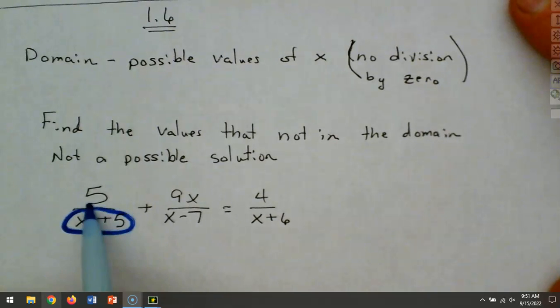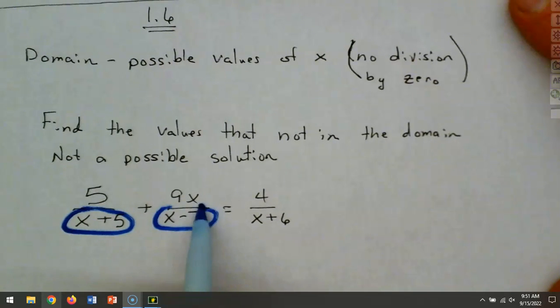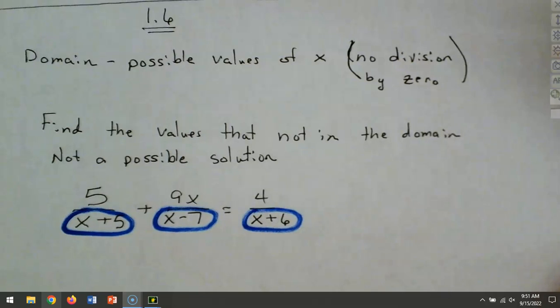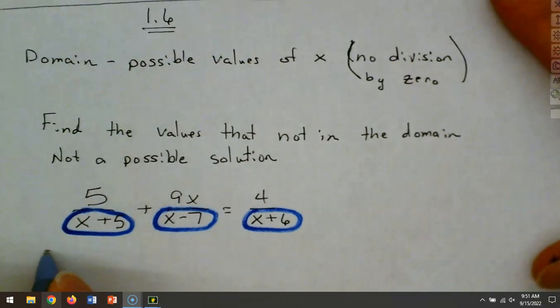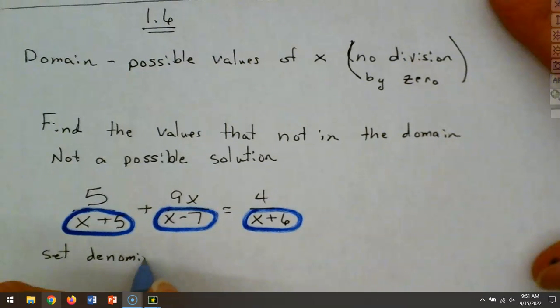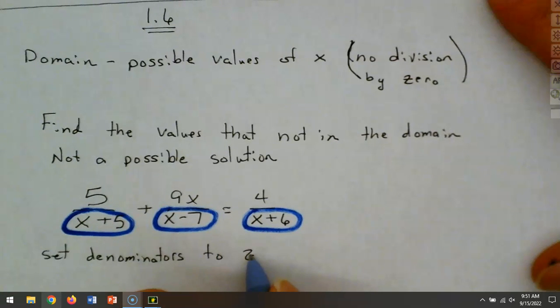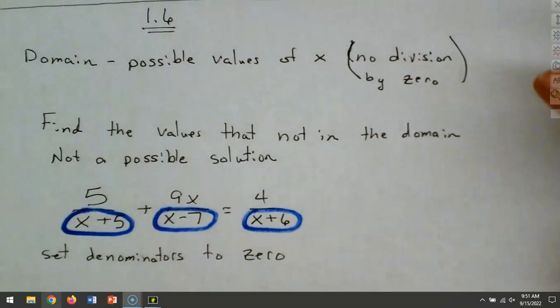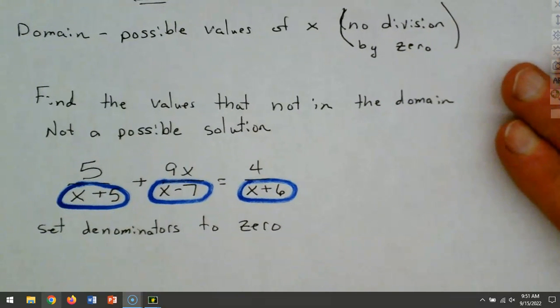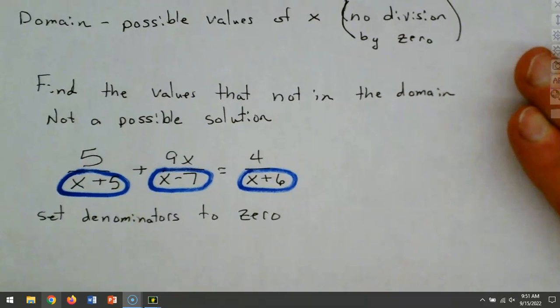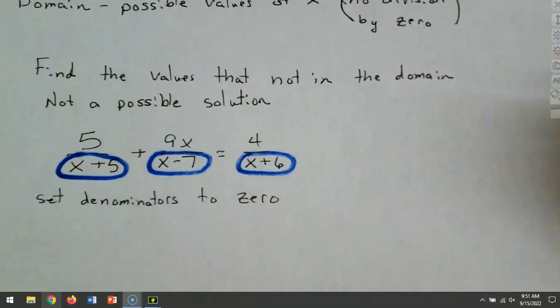We're only going to be looking at the denominators. And what we're going to do is set the denominators to 0, and figure out what numbers will not work.